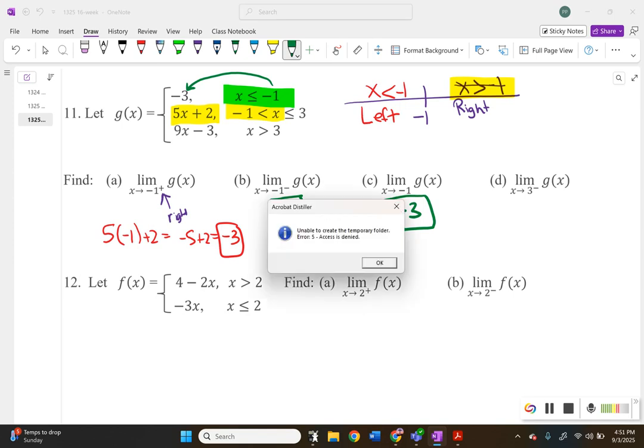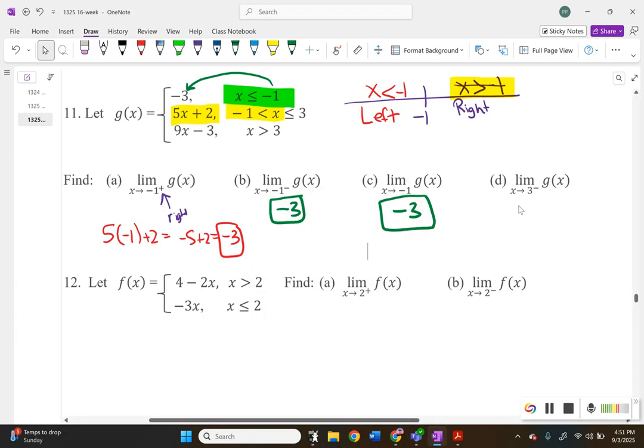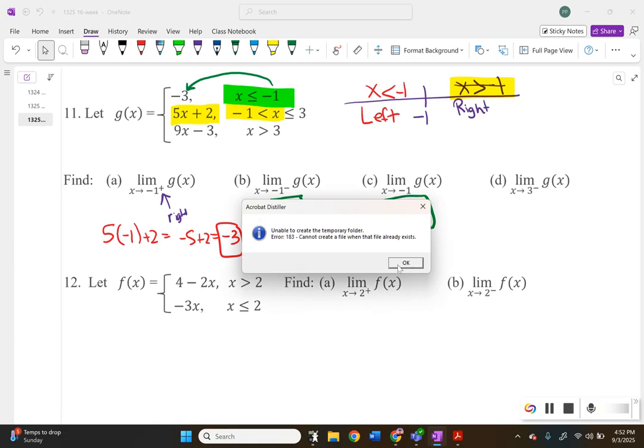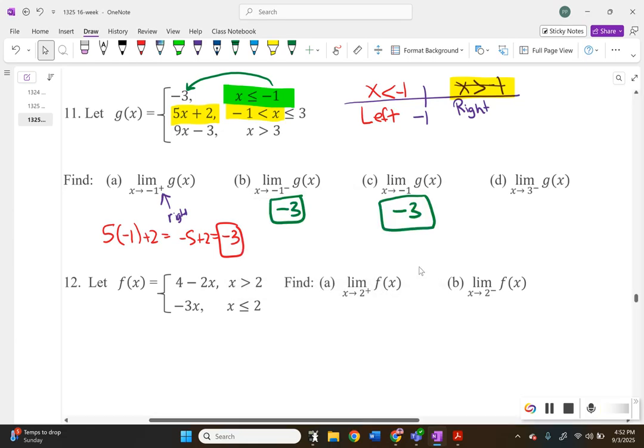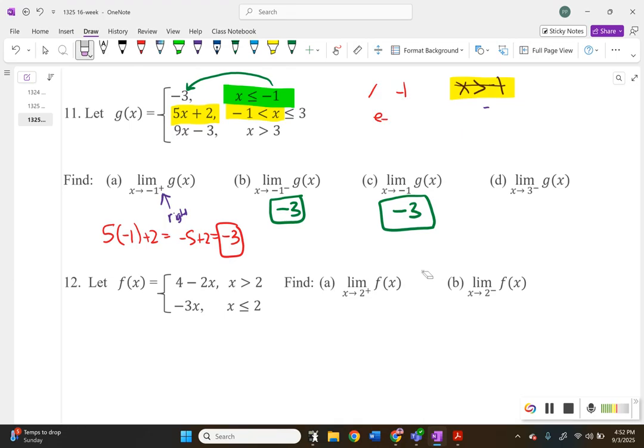Part D says the limit as x approaches 3 from the left. I am going to look at a number line here. Here we have 3, and here is the left of 3.